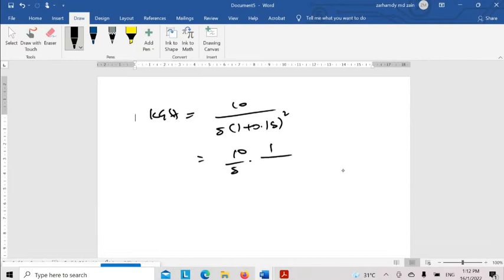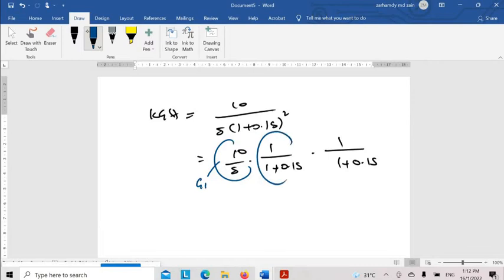You can show G3, and also G2, because they are a pair, a twin: 1 plus 0.1 s and 1 plus 0.1 s. So we can assume this is G1, this is G2, and also G3.